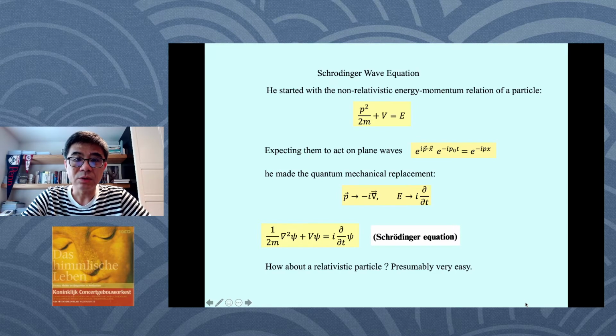You have probably learned from quantum mechanics courses how Schrodinger derived his famous wave equation. He first started with the non-relativistic energy momentum relation, which is p squared over 2m plus V is equal to E. And then he expected them to act on a plane wave, for example, in the form of exponential ip dot x exponential minus i p0 t.